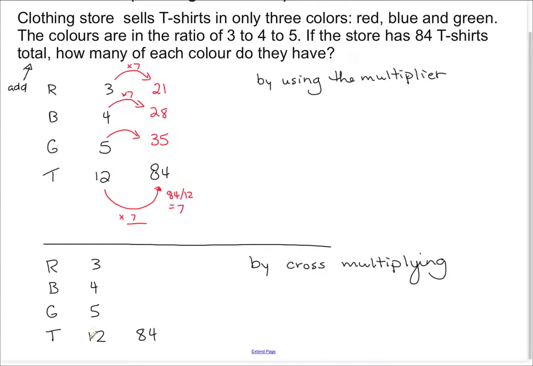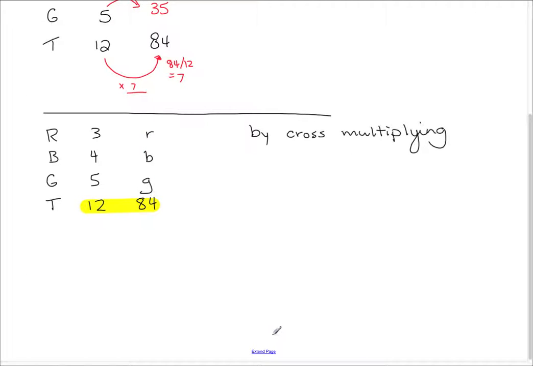So for cross multiplying, there's the thing that I have to use every time. So what am I going to put in here? Well, let's put a little R, a little B, and a little G to stand for red, blue, and green, just since there's so many things that I have to find. And I have to use the number across from the number.